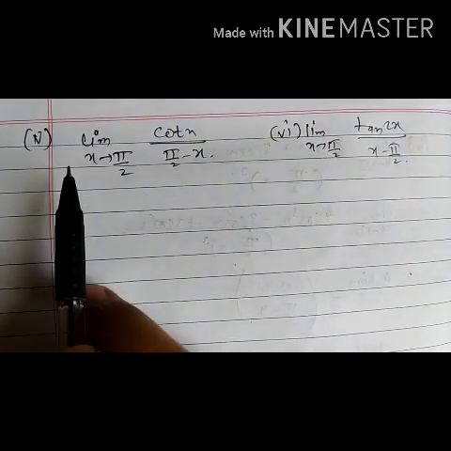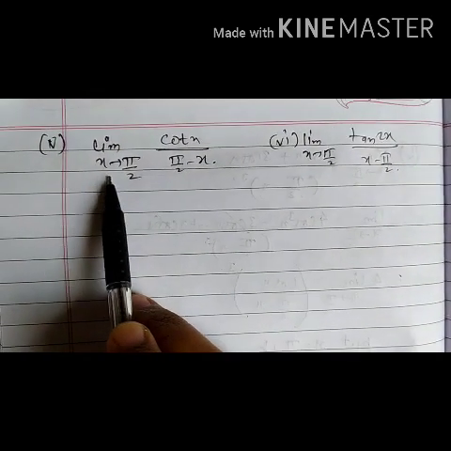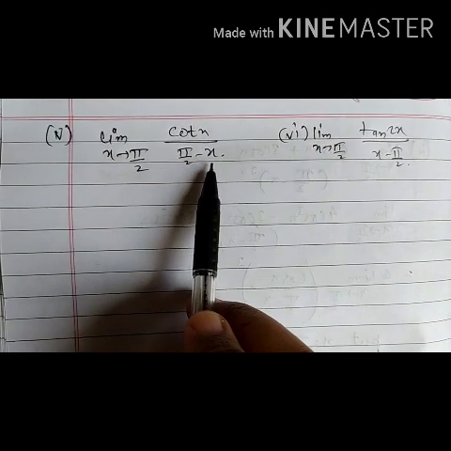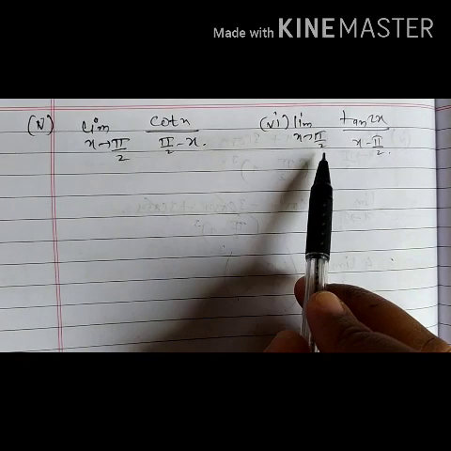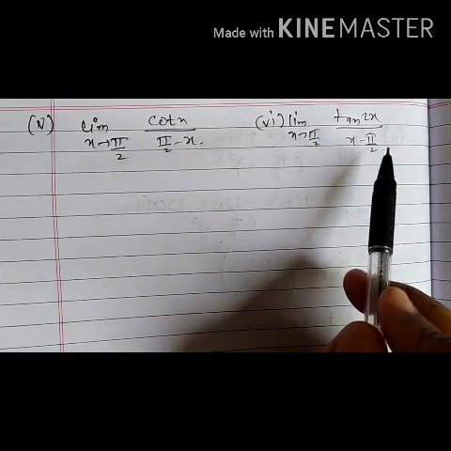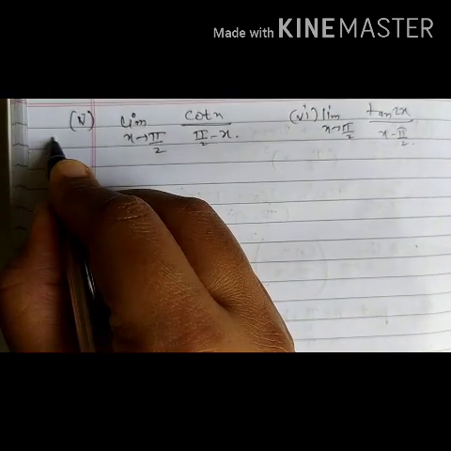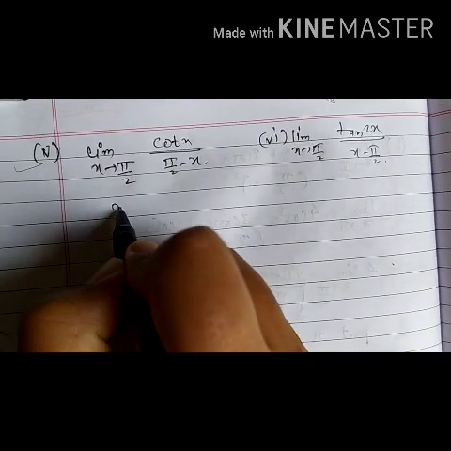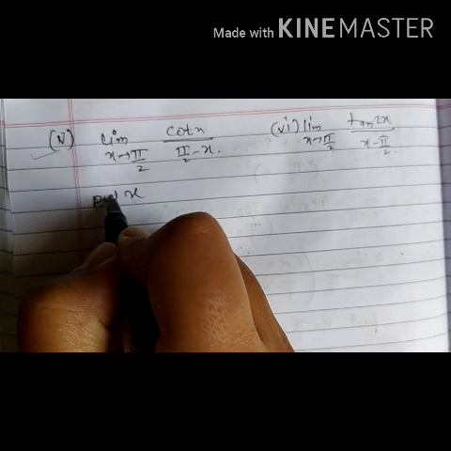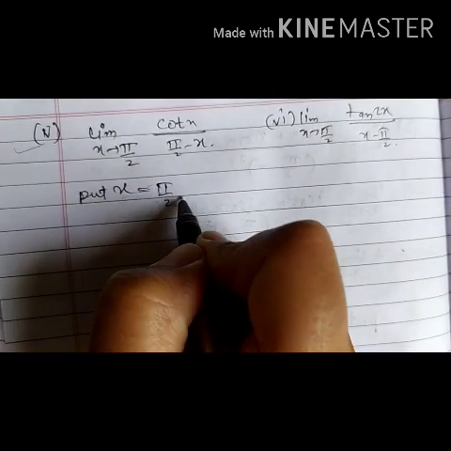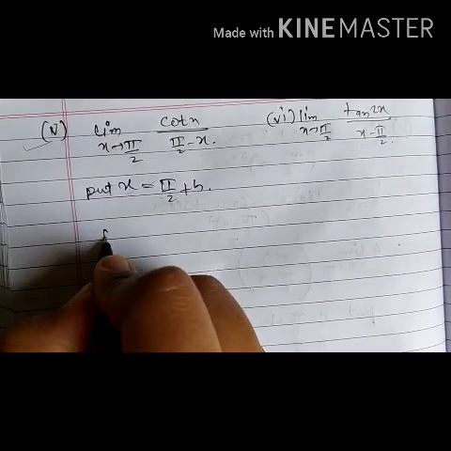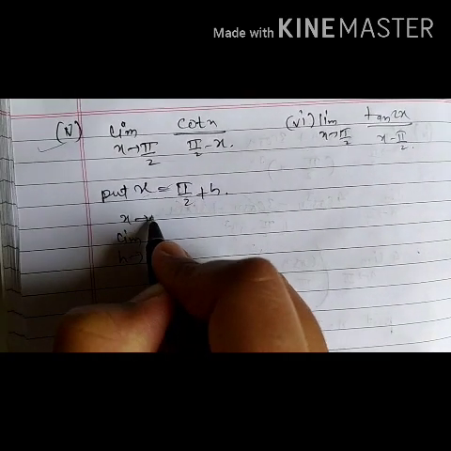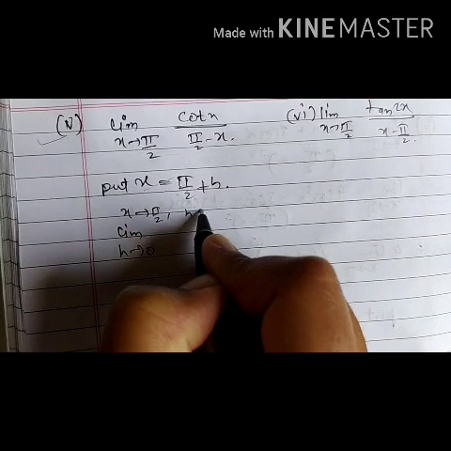Now we have the fifth and sixth examples: limit x tends to pi by 2 of cot x upon pi by 2 minus x, and the sixth example, limit as x tends to pi by 2 of tan 2x upon x minus pi by 2. Now we'll solve this fifth example. We can put x equals pi by 2 plus h. So we have limit as h tends to 0, because as x tends to pi by 2 we have h tends to 0.